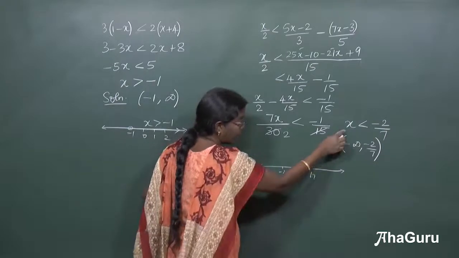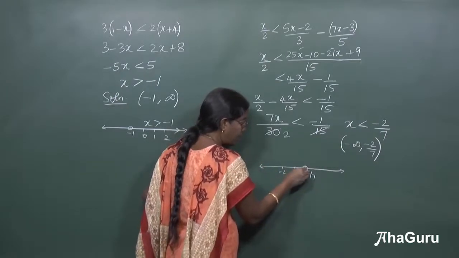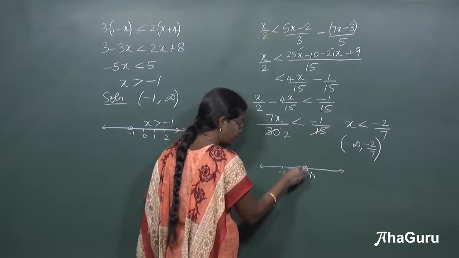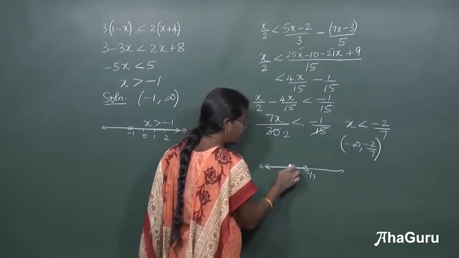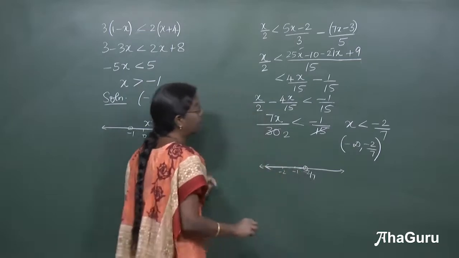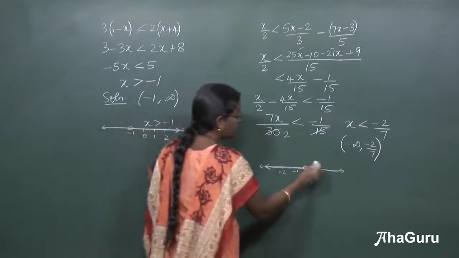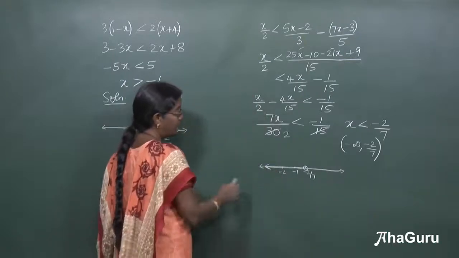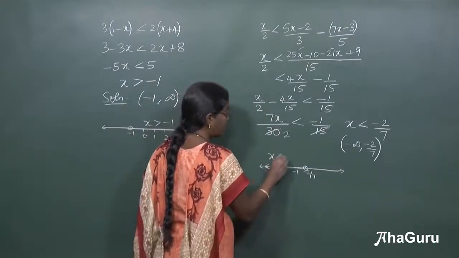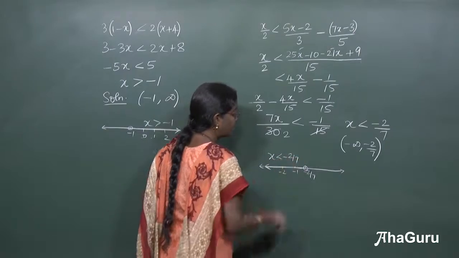All values of x which are less than minus 2 by 7, every value which is to the left of minus 2 by 7, that will be the solution. You don't have to bother about any values which are greater than minus 2 by 7. It will be only the values which are less than minus 2 by 7.